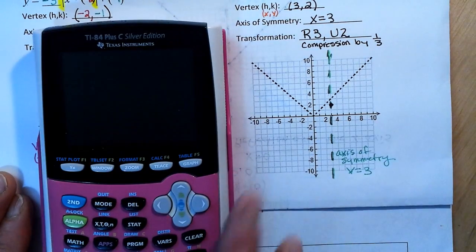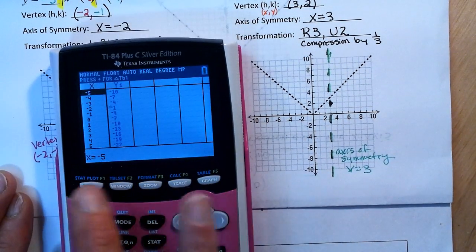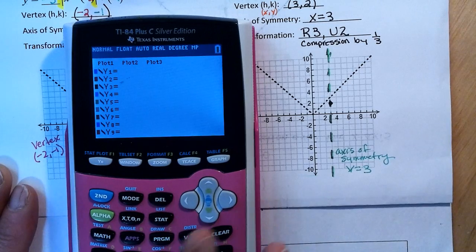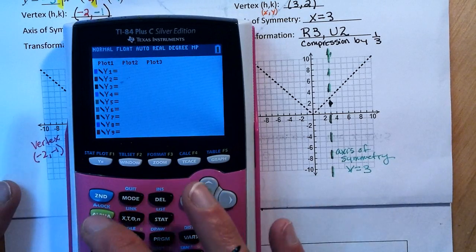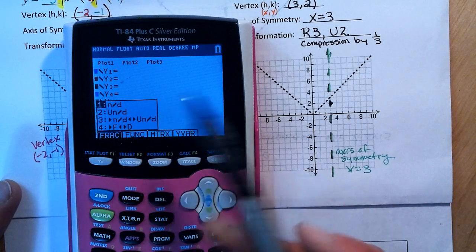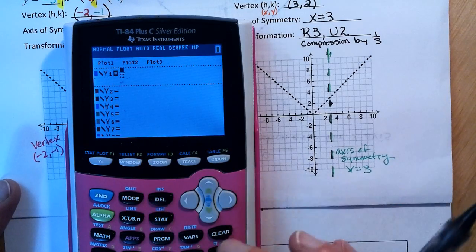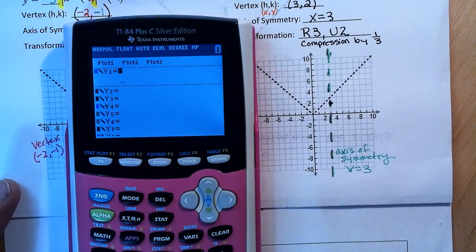Okay, so let's go ahead and graph this. So what do we have? Let's say I don't have the alpha F1 fraction option in my calculator.